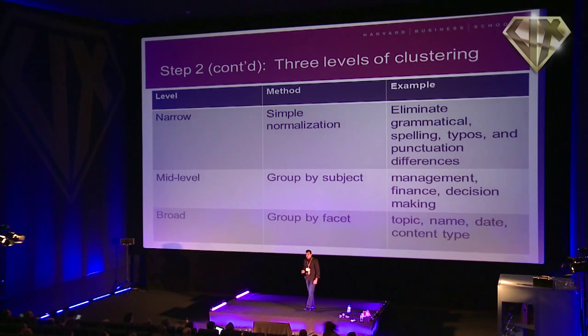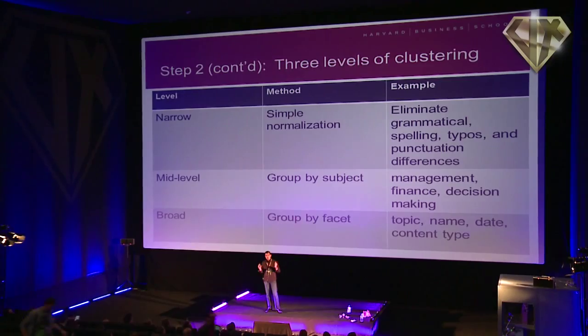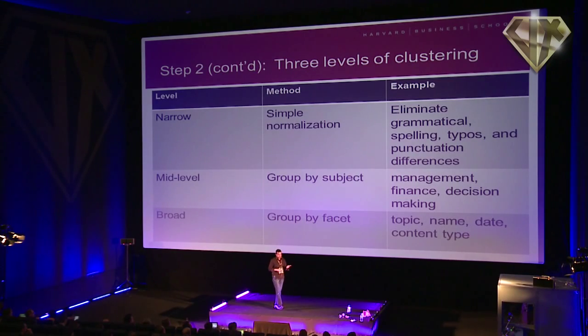How each one is applied: narrow is just simple normalization, which means if there are uppercase and lowercase differences, or if there's a hyphen, or if there's a space, all those things can be collapsed into the same cluster. Mid-level clustering is more categorizing by subject. In our case, because it's a business school, our subjects are more related to business, such as management and finance.